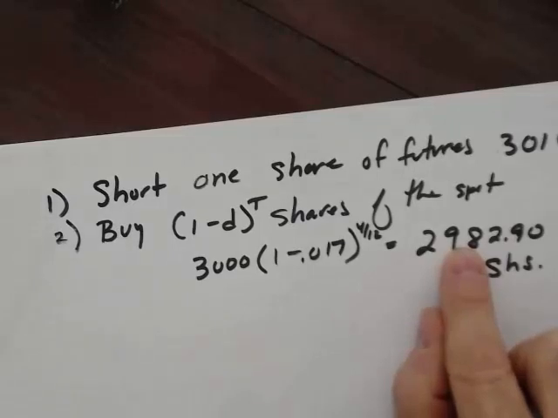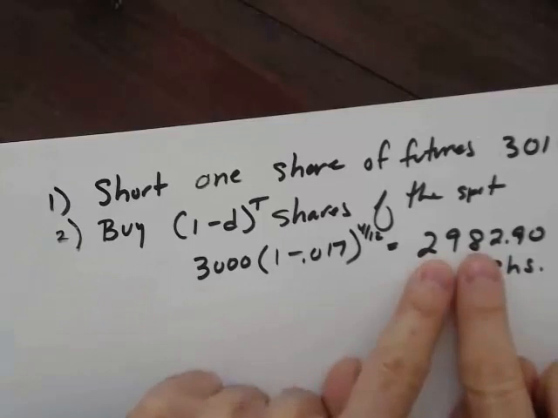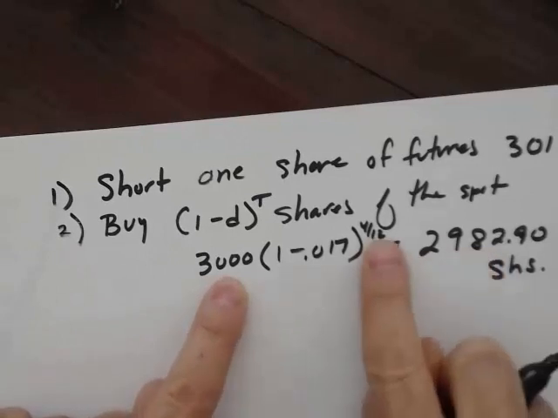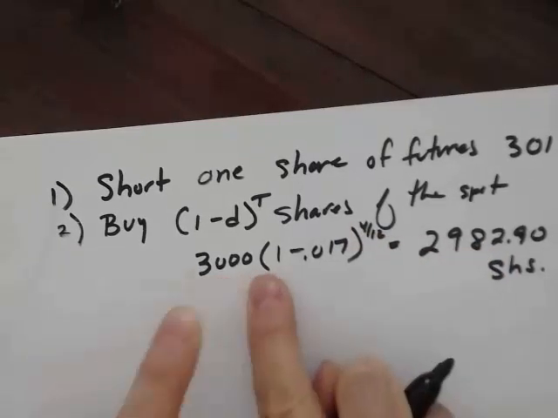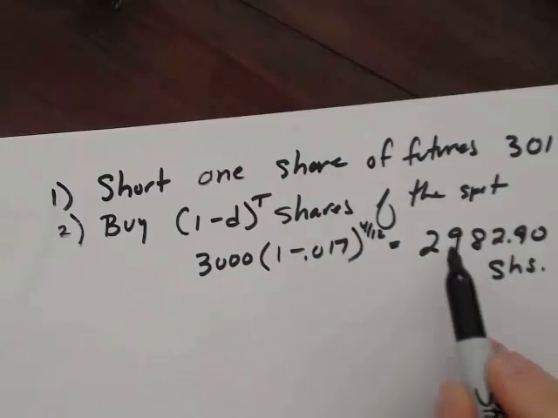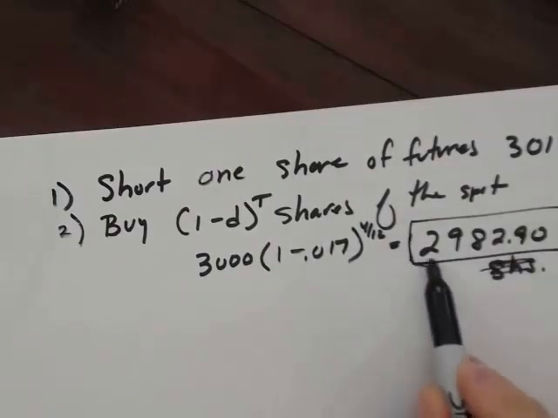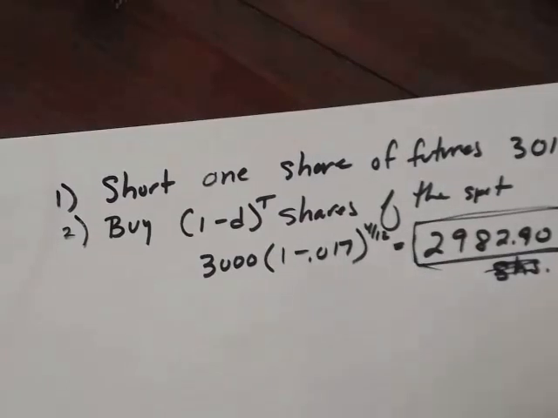Buying just less than one share, because this amount right here, this 2982, will grow to 3,000 in 4 months. It'll grow because we're going to constantly reinvest the dividends. So we're going to buy a fraction of a share, somewhere around 98, 99% of a share.